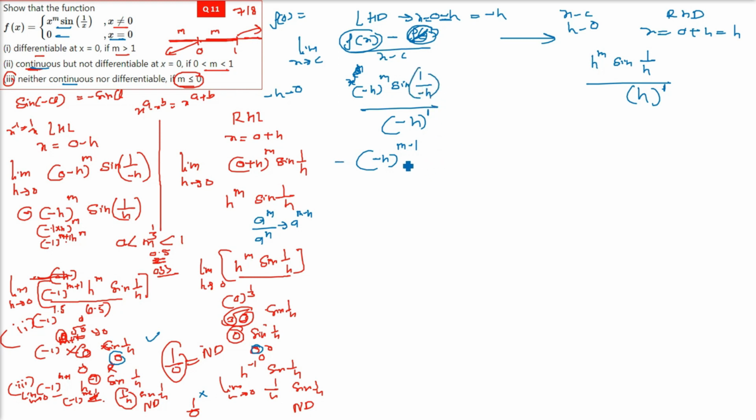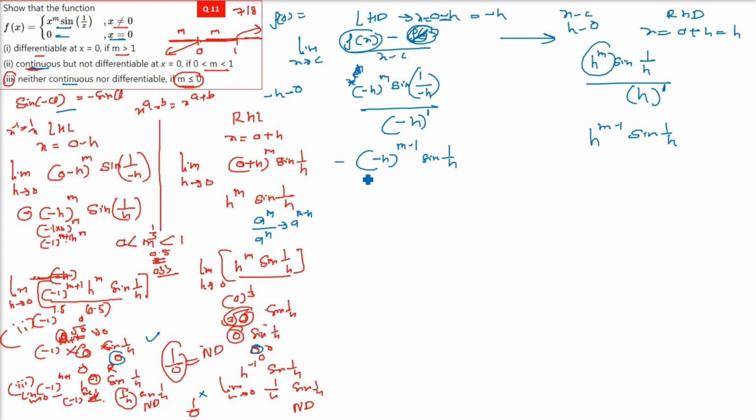So sine minus theta is minus sine theta. So I am taking minus outside. It will be sine 1 by h. I am trying to make the LHD and RHD the same, the way I did it in the continuity. So h raised m minus 1, same thing, sine 1 by h. Okay. Now, since they both are not equal, I want this negative of the LHD to be combined with the negative outside.